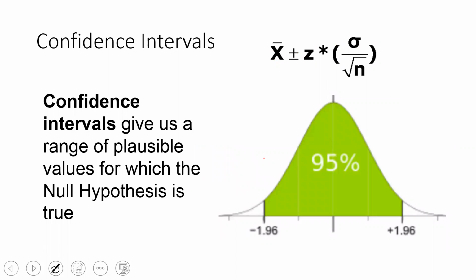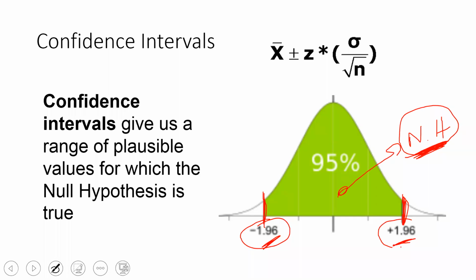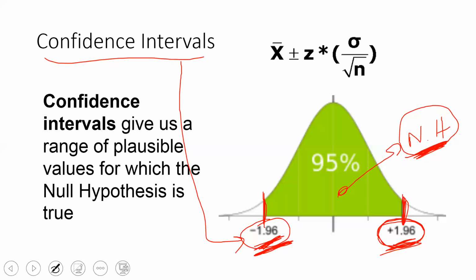And now we'll see what a confidence interval is. Between these two values my null hypothesis is accepted. The interval in which my null hypothesis is being accepted is known as the confidence interval. Here my confidence interval is between minus 1.96 to plus 1.96.